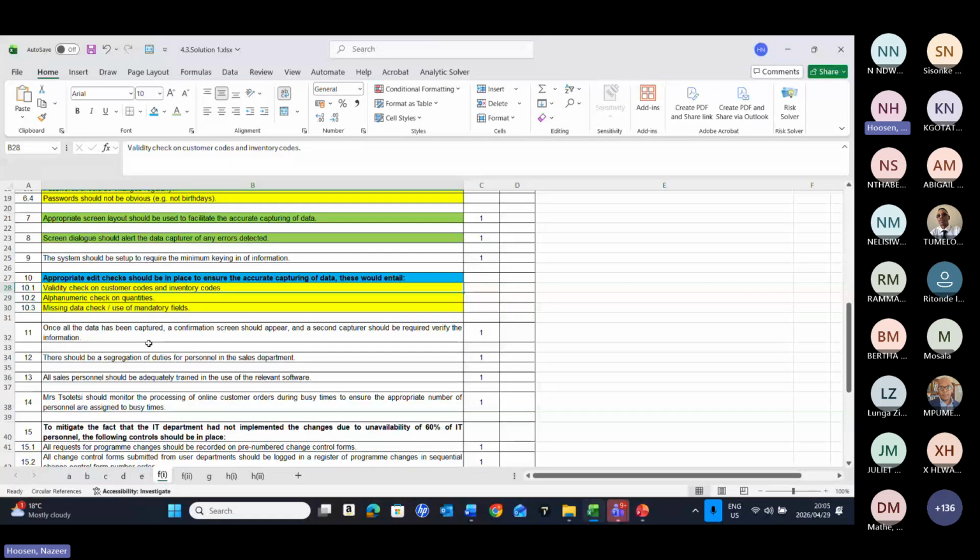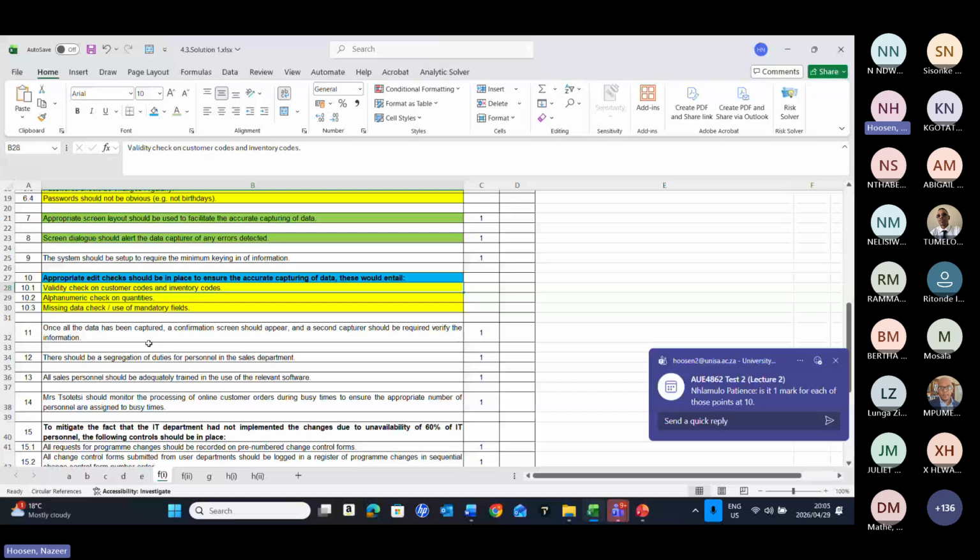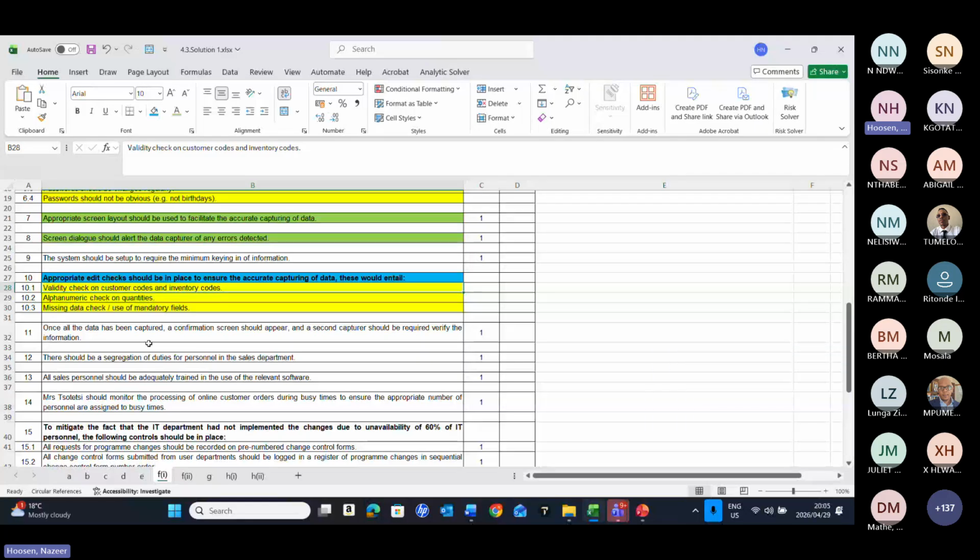Missing data: let's go back to the example of the online retailer. You're entering your physical address, and you perhaps did not capture the suburb and the postal code. An error will display on screen in red. It will not allow you to go to the next screen.